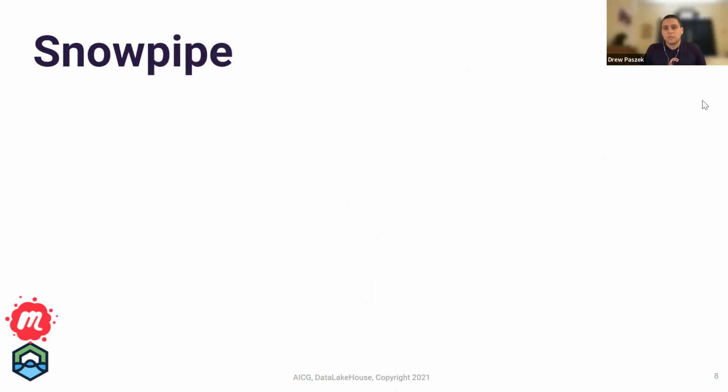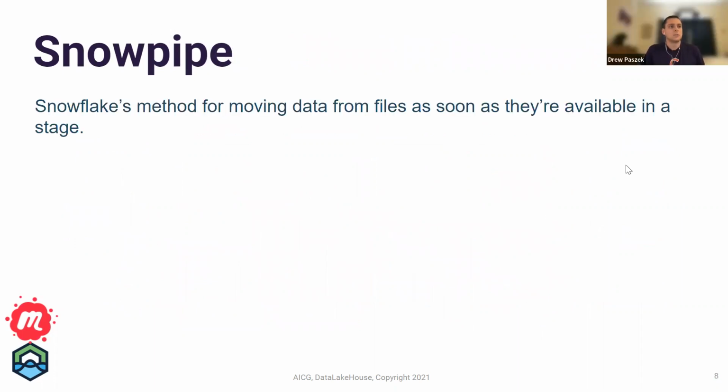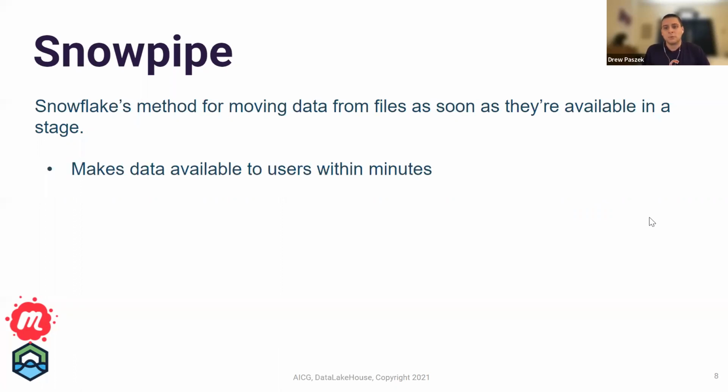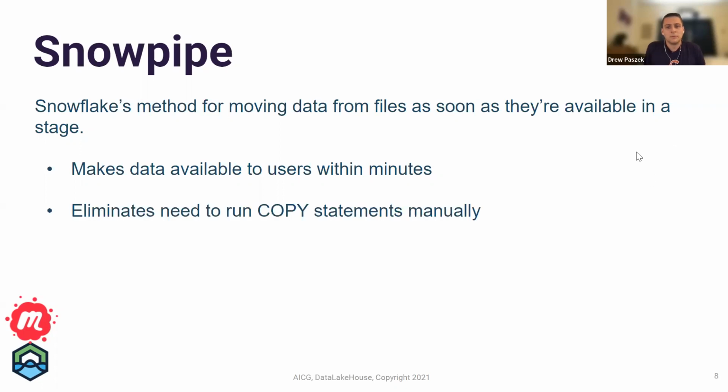Yep, so Snowflake actually has a tool called Snowpipe, just as Mike mentioned. And it's their method of moving data from files as soon as they're available in a Snowflake stage. So it's their alternative to bulk data loading, which is accomplished via the copy statement or the copy into statement, which we'll maybe dive into a little bit later.